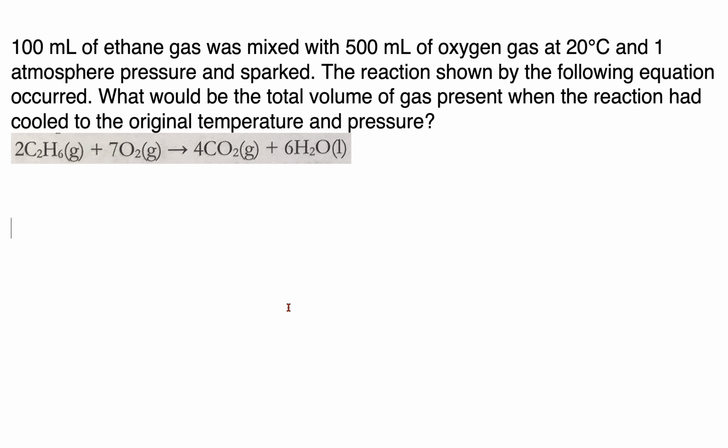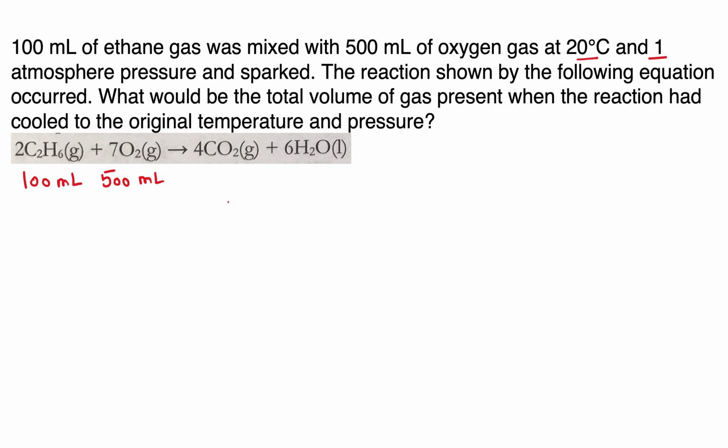Another similar question. In this question, they said 100 milliliters of ethane gas is mixed with 500 milliliters of oxygen gas at a certain temperature and pressure.